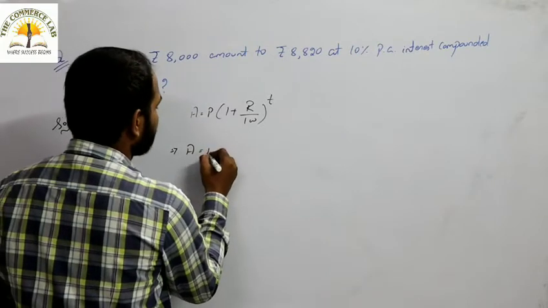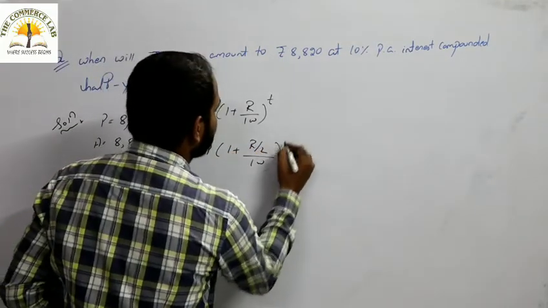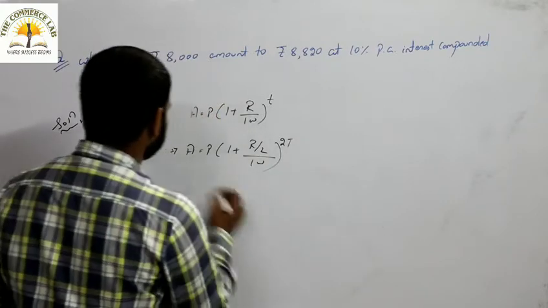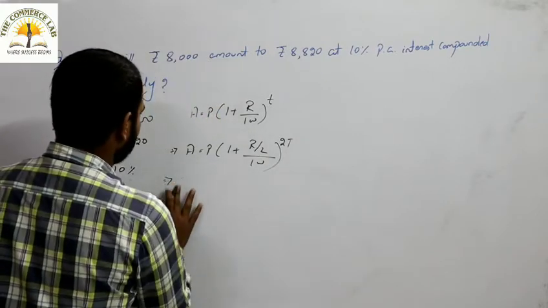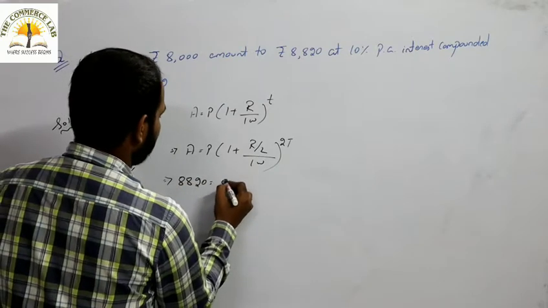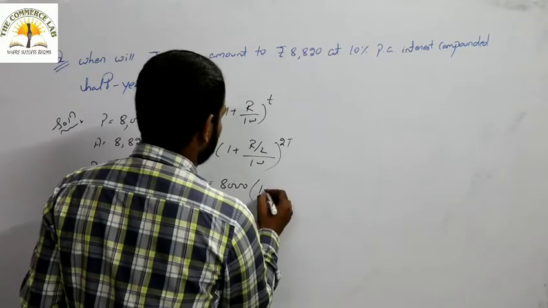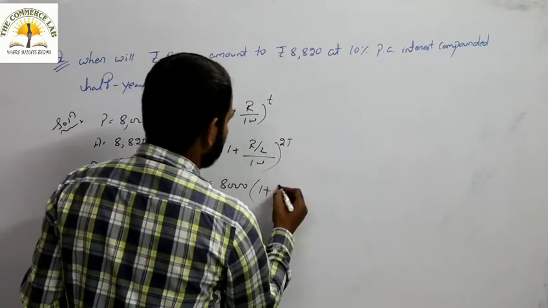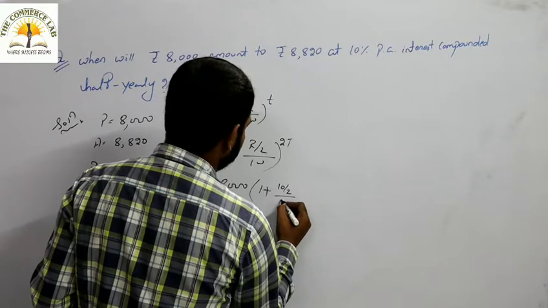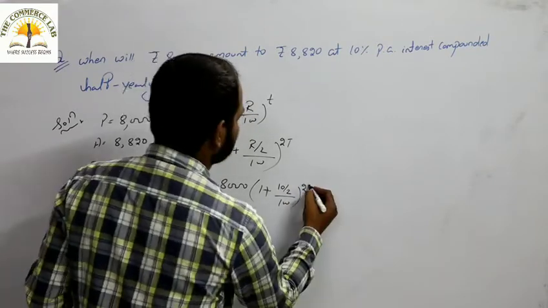That means R becomes R by 2 and T becomes 2T. So A equal to, here A is 8,820 rupees, P is your 8,000, 1 plus R is your 10 percentage, so 10 by 2 by 100, and T is your 2T.